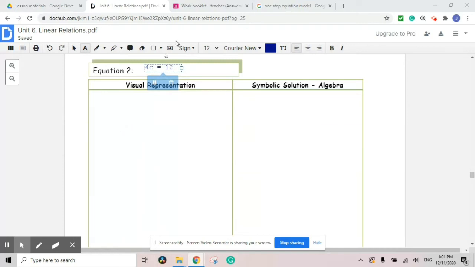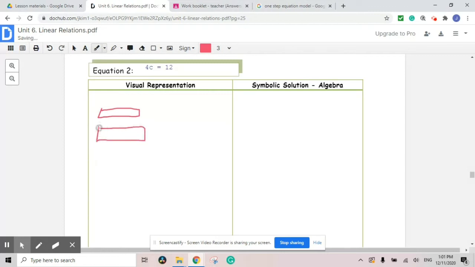So here's the thing. 4c is a fancy way of saying I have to draw 4 strips. Any variable is a strip, ladies and gentlemen. 1, 2, 3, 4. I'm going to use the same rule as before: colored is positive.